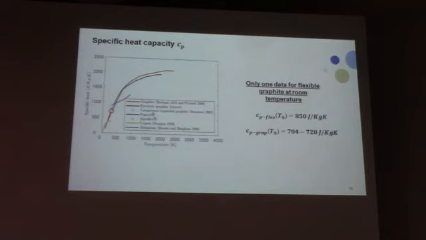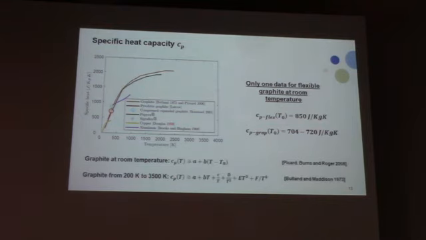About the specific heat capacity, there is only one data point for classical graphite, and it's at room temperature, so there is not that much to say. This is the value, 850 joule per kilogram Kelvin, and it's pretty higher than that of regular polycrystalline graphite.